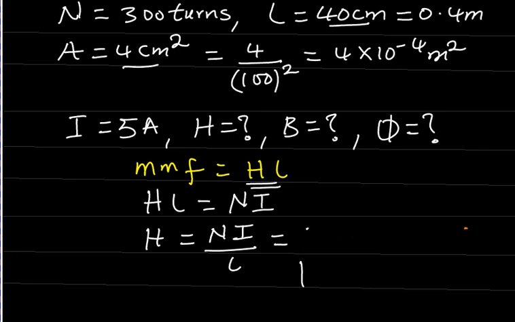Number of turns is 300, then multiply by the current, which is given as 5 ampere, then all over the length, that's 0.4.